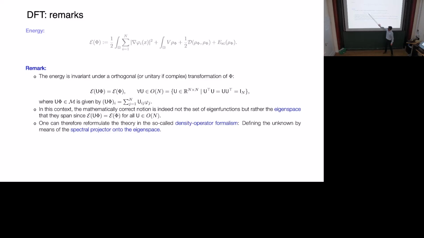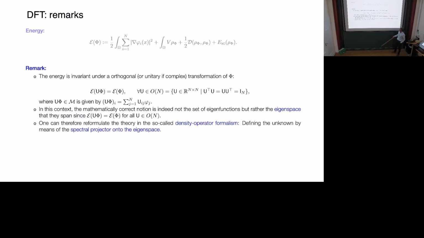I get the same energy. So the message is that the mathematically correct notion is indeed not the set of eigenfunctions, so the elements of the Stiefel manifold, but rather the eigenspace. Because if I do this unitary transformation, I kind of just span the whole space. And you can associate this also, we'll see in a moment, with the Grassmann manifold.